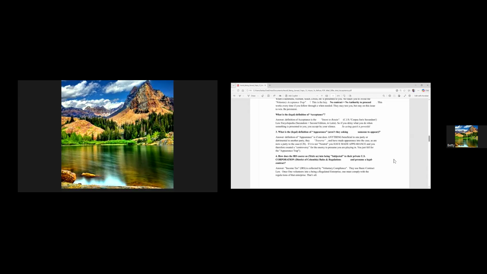If it is not neutral, you have made appearance and you have therefore created a controversy for the enemy to presume you are playing in. You just fell into the appearance trap. So, when it comes to courts, the 4 bonds that they issue in your all caps name: the bid bond, the payment bond, the surety bond, and the performance bond.